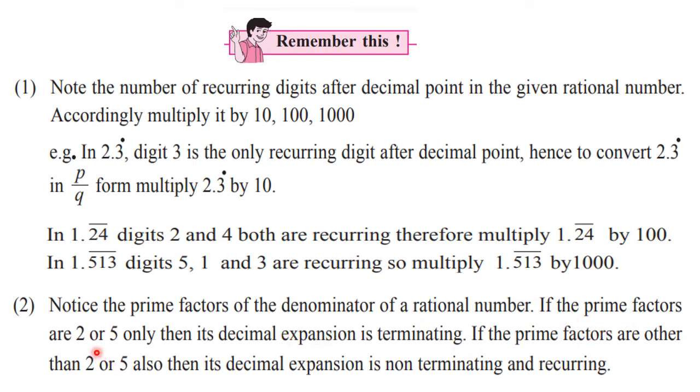Those prime factors should be 2 or 5. Then and only then the decimal expansion is terminating. And if other prime factors other than 2 and 5 are occurring, then the decimal expansion is non-terminating and recurring. Okay, so simply by observing also we can tell that.